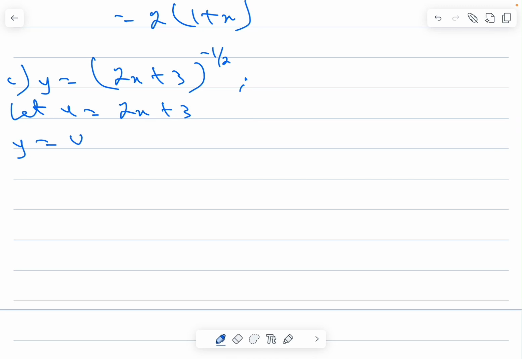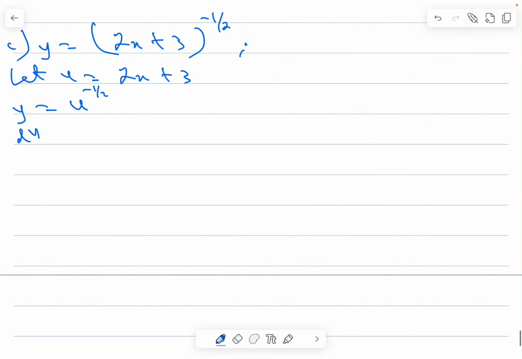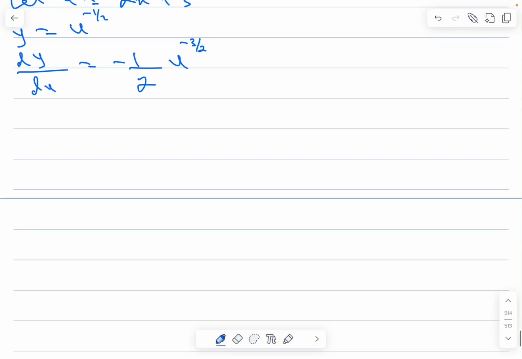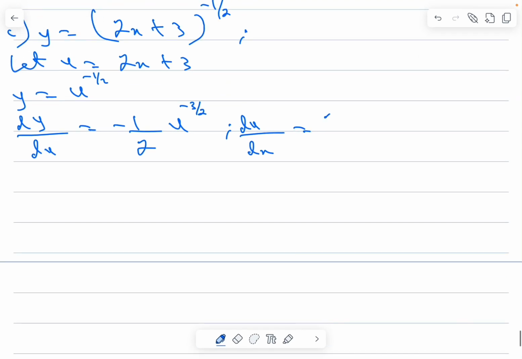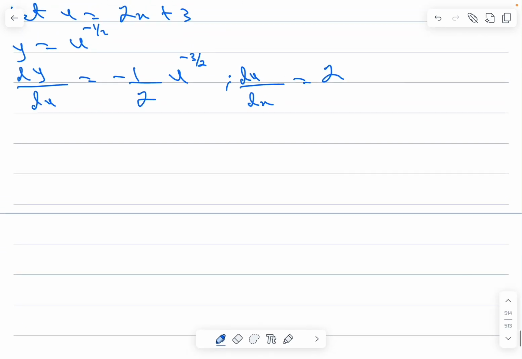That means y will be equal to u raised to the power minus half, which simply means dy/du is equal to minus half u raised to the power minus half minus 1, which is minus 1 and a half, which is minus 3 over 2, and du/dx is equal to 2.